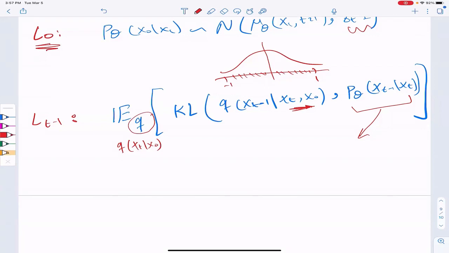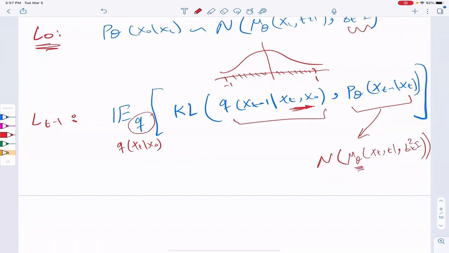I'm assuming you are a little bit shy and that's why you are not responding. Here, it's just a Gaussian distribution with a mean mu theta of xt and t and some fixed covariance in this case. It's a Gaussian distribution parameterized by this theta as its mean.